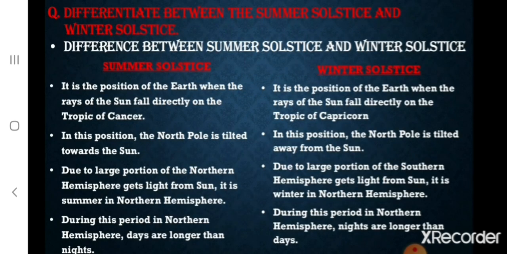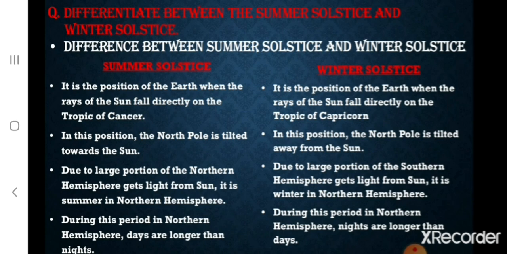Now children, let's differentiate between the summer solstice and winter solstice. The differences between summer solstice and winter solstice are as follows. Summer solstice. First point, it is the position of the earth when the rays of the sun fall directly on the Tropic of Cancer. Winter solstice.